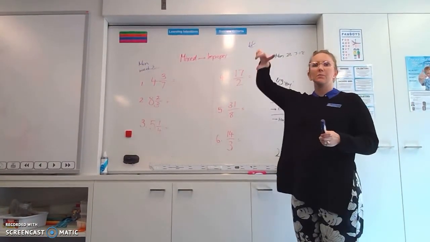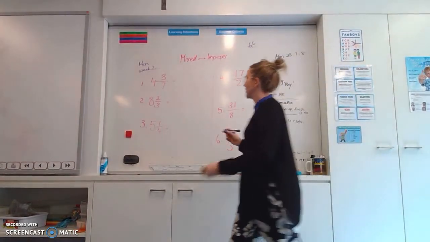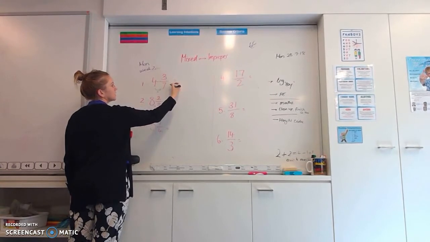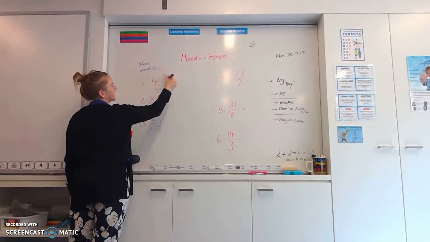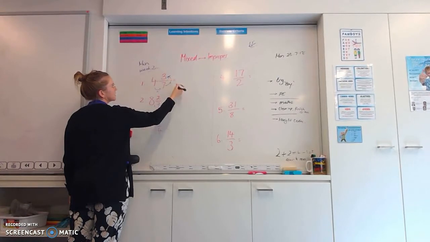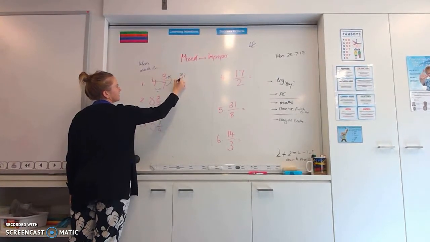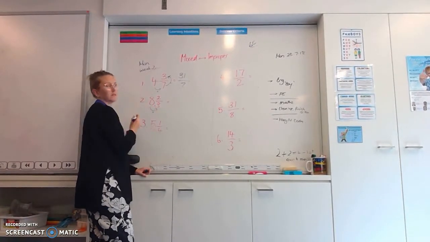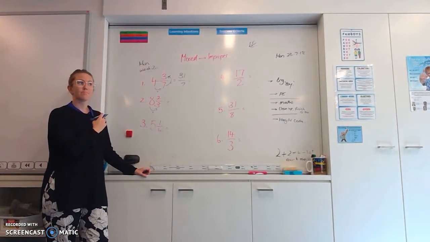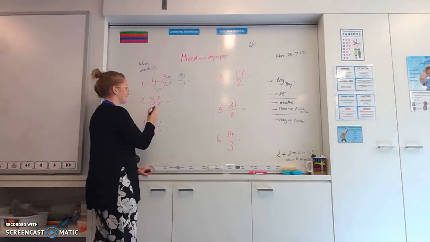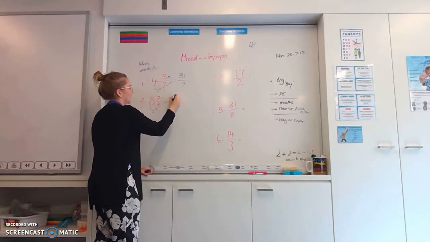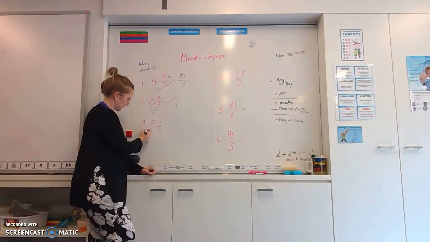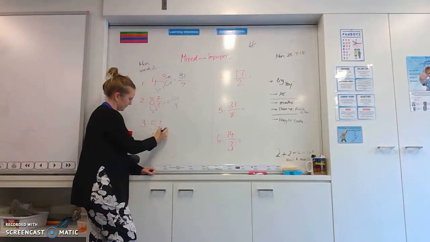So we're timesing, then plus, and then over the original denominator. 4 times 7 is 28, plus 3 is 31 over 7. 8 times 3 is 24, plus 2 is 26. 5 times 4 is 20, plus 1 is 21.